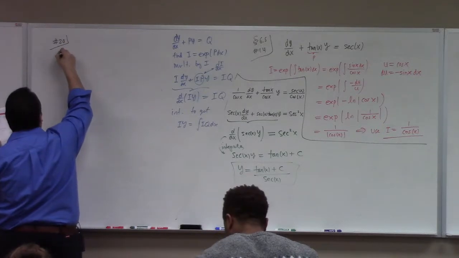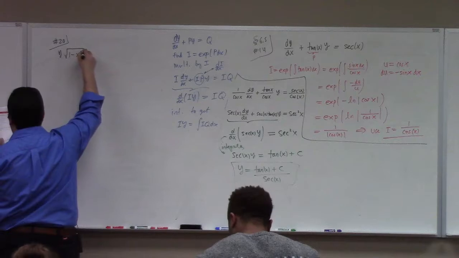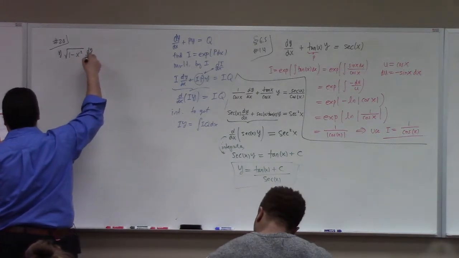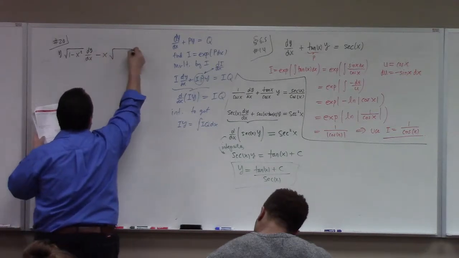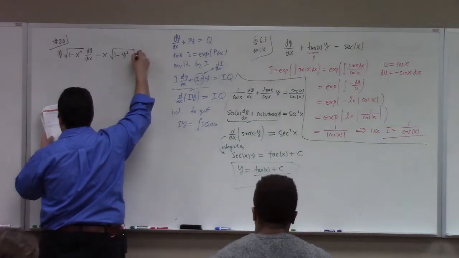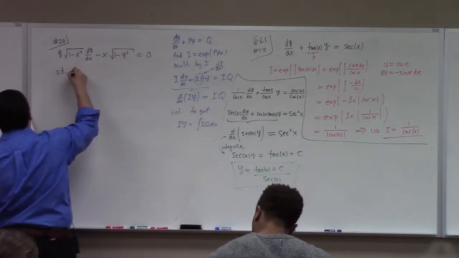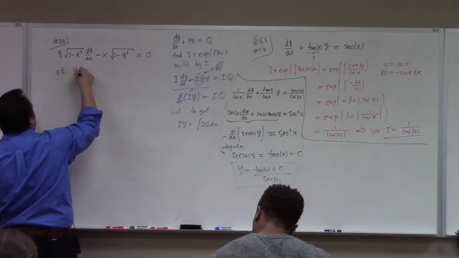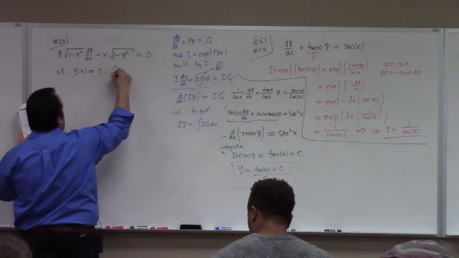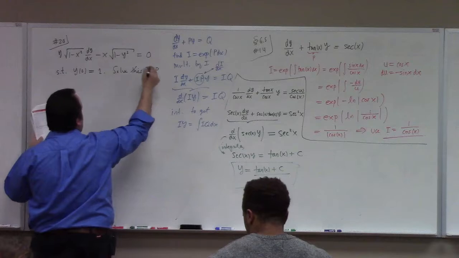Here we've got y times the square root of 1 minus x squared dy/dx minus x times the square root of 1 minus y squared equals 0, such that y of 0 is equal to 1. All right, so we have to solve this initial value problem.